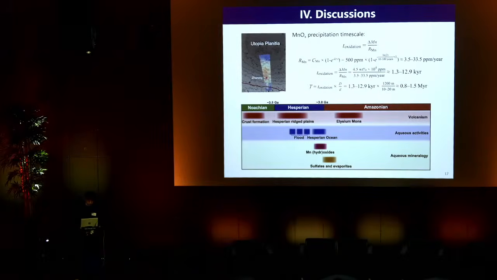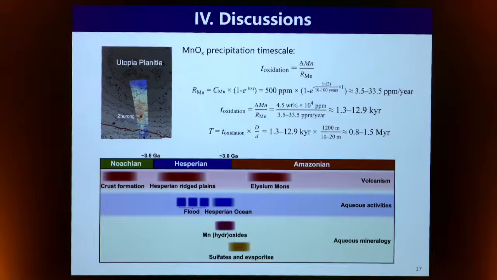And given that the manganese hydroxide precipitation occurred under shallow water conditions, that is what we proposed, oxidation and accumulation rates could provide valuable constraints on the duration of the aqueous activity. Our estimates suggest that the stable aqueous environments persisted in Utopia Planitia for about 0.8 to 1.5 million years.